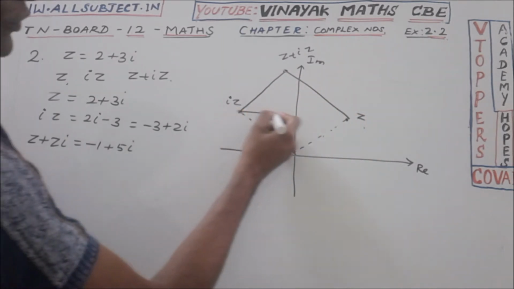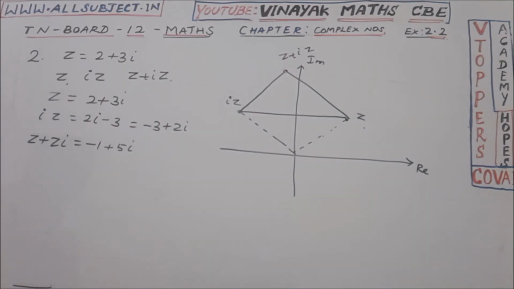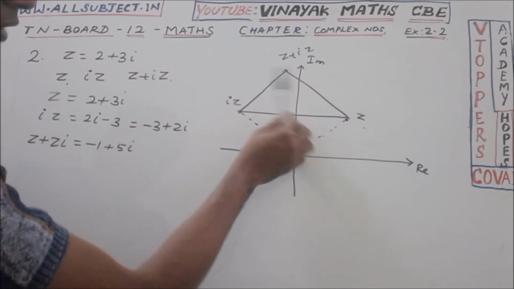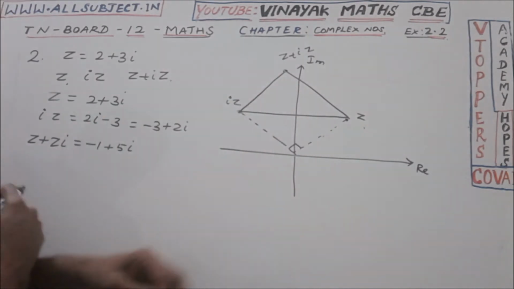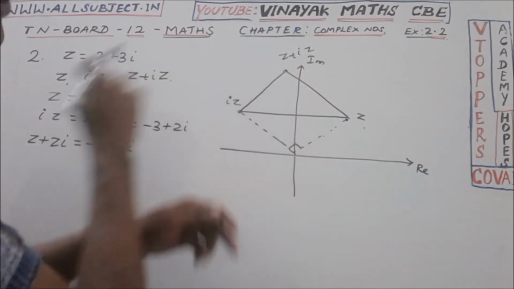Now joining these two, z, iz, z plus iz form a triangle. Here we have a rotation of 90 degrees, and also it is a parallelogram, so all sides are equal. Then with one side turned 90 degrees, it forms a square.